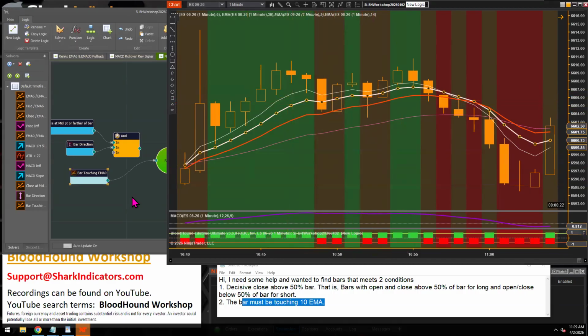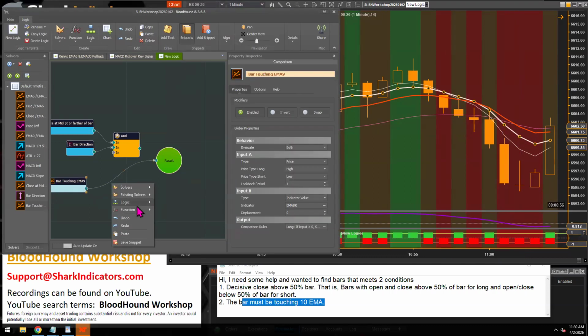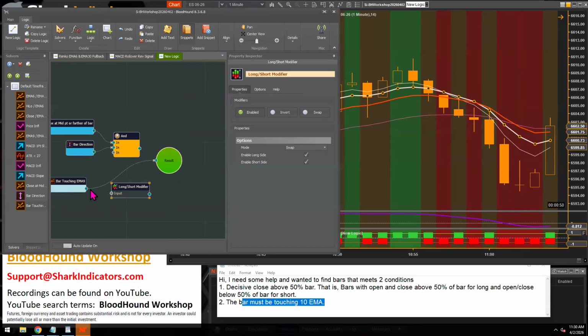the moving average, right? So now we want to filter out or remove the long onlys or the short onlys. So we're getting long output only when the bar is completely above your moving average. Or if your bar is completely below your moving average, then you're getting a short only. So let's filter this out, and we can just grab a long short modifier and set the mode to minimum.